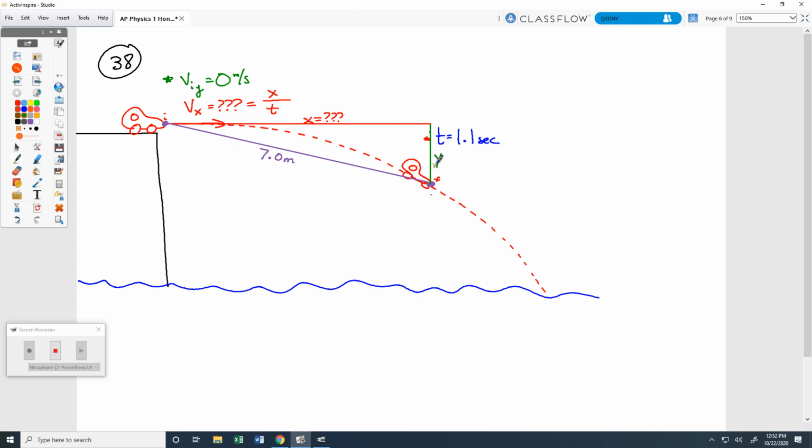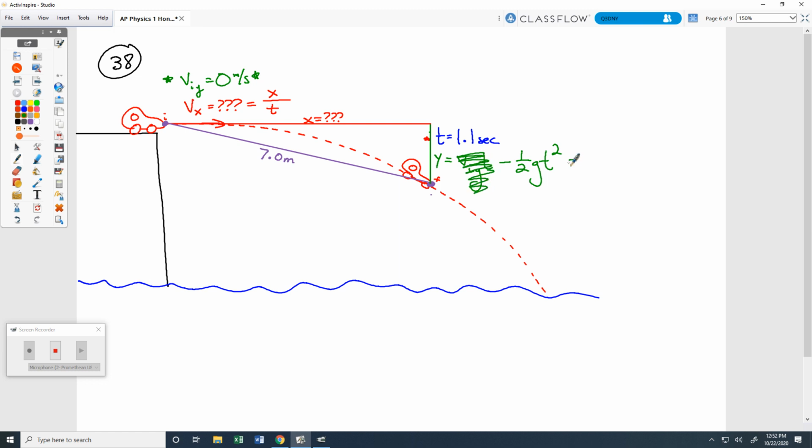Here's the cool part: we have a great equation for finding y based off of Viy, t, and g. But in this case, just like in all the cases on this set of problems, the Viy is 0, so this part of the equation disappears.